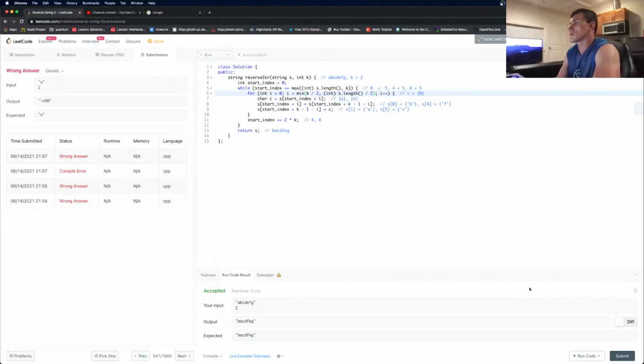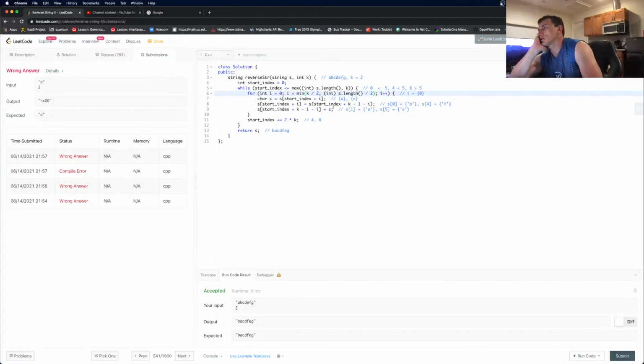We run a 0, so it basically never enters the cycle and just returns 8. In this case, k is 2, so it's 1, so it's 0, so it swaps 0 with something that doesn't exist, I believe. Because it will swap starting index plus i, which is okay, 0 plus 0, but this one, it will assign it to what?